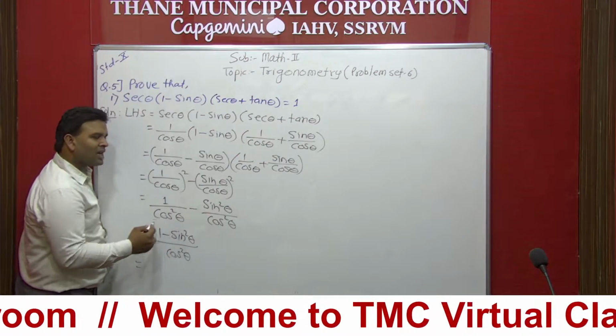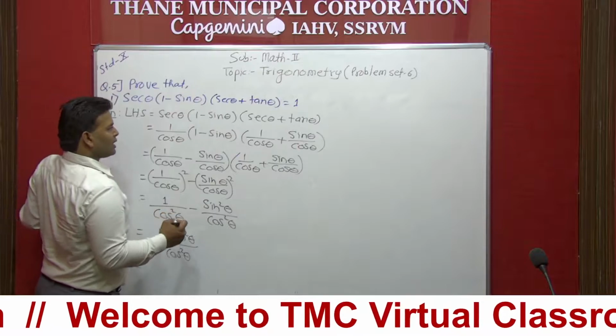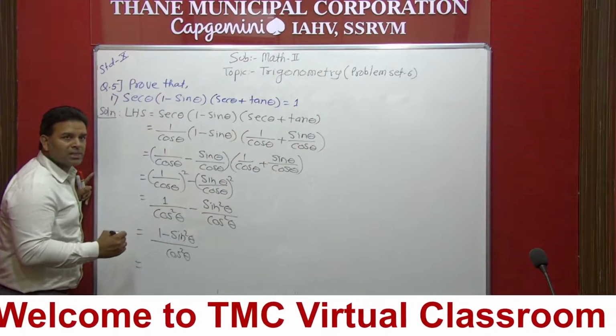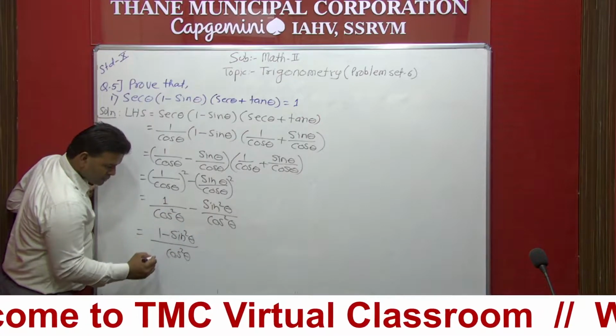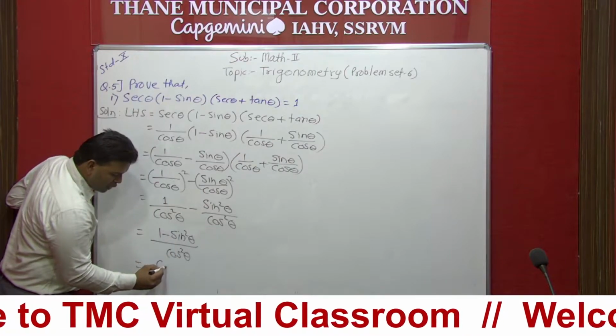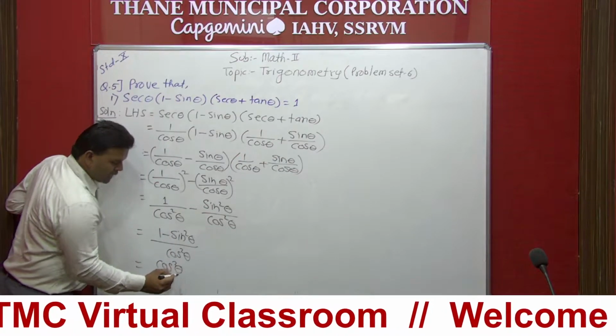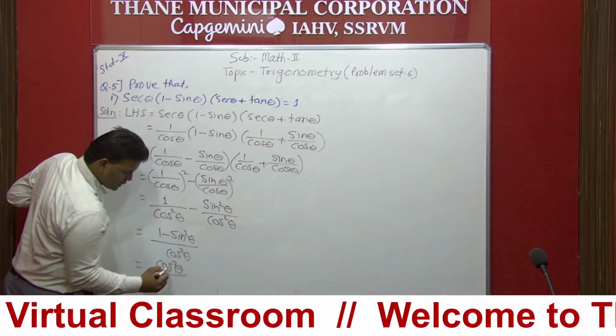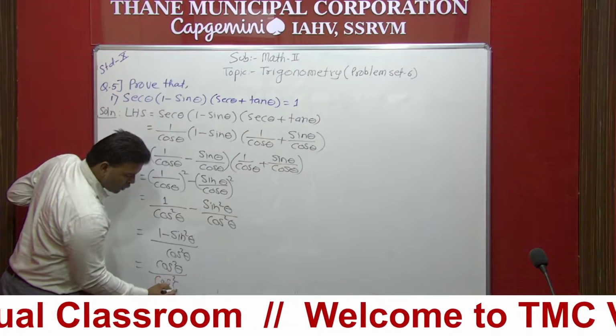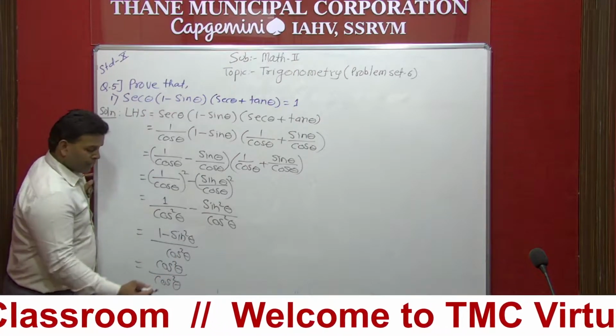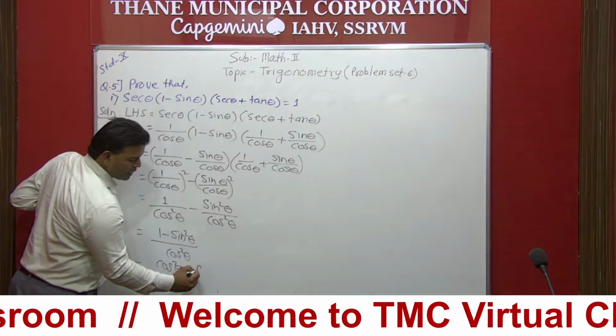This is somewhat related to one of our identities, that is sine square theta plus cos square theta is equal to 1. Let us see. Here instead of this I am going to write down cos square theta upon cos square theta. But here I will write down the reason.